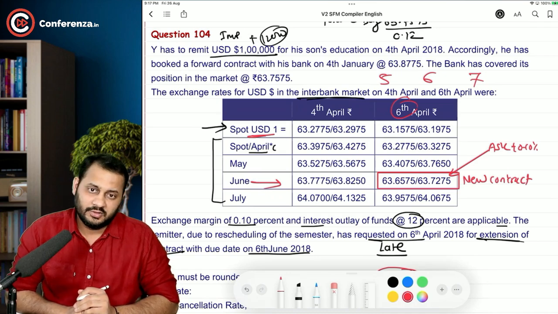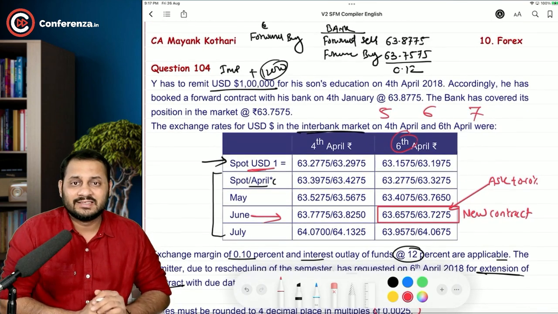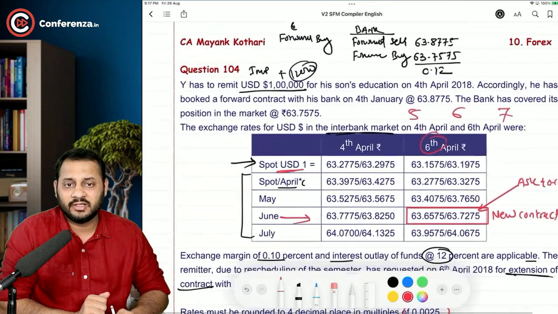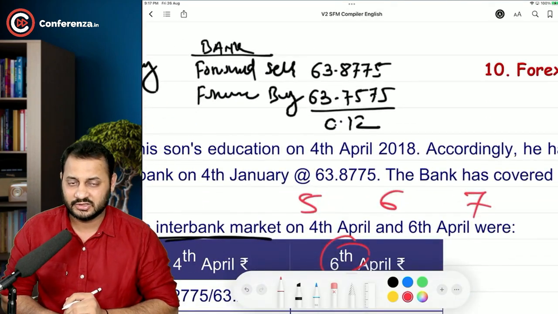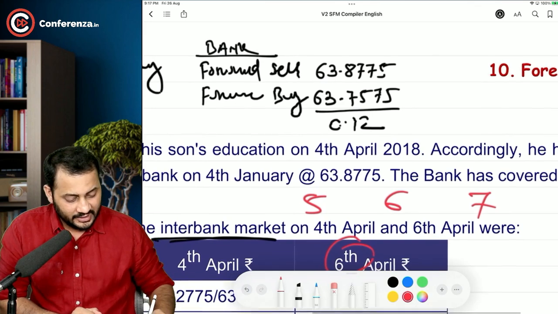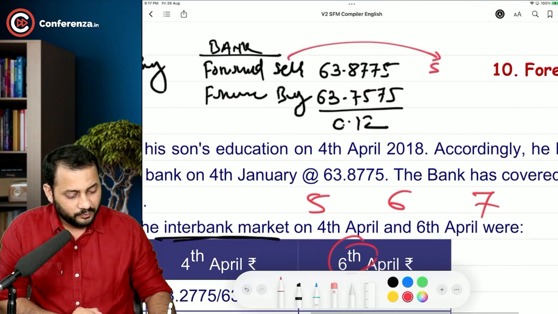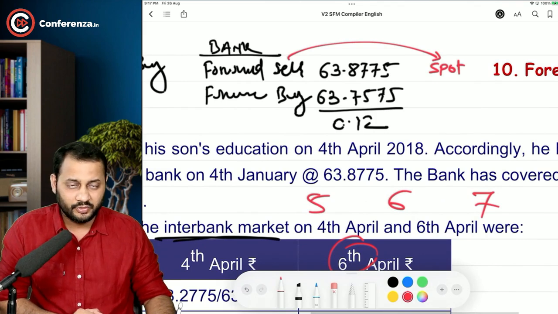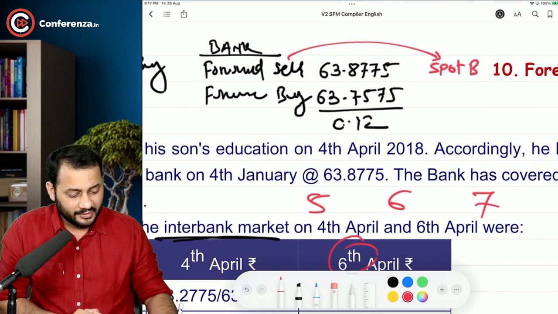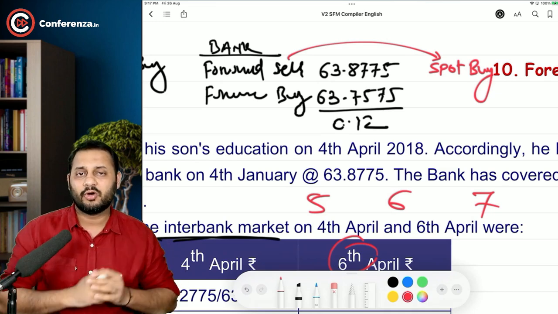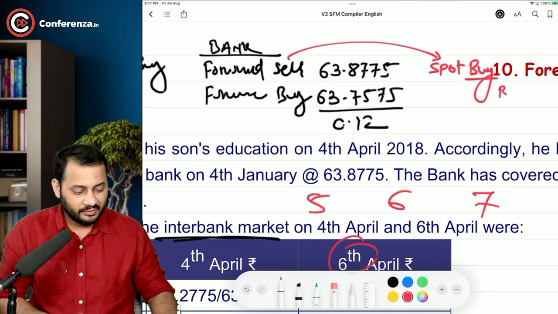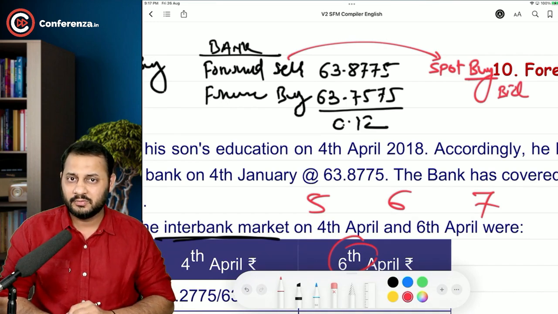Okay. Now, in order to cancel the contract with the customer, understand that bank had a forward sell contract with the customer. In order to cancel that, bank will take a spot buy contract, because today is 6th April. Am I right? Bank is buying, so bid rate will be applicable.